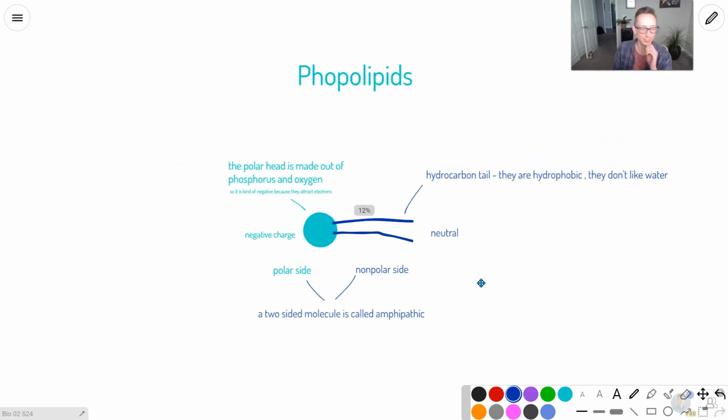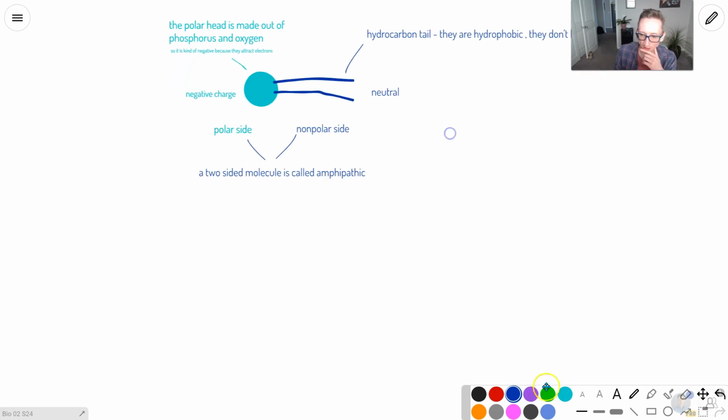So what this results in is if you put these in water, they'll arrange themselves in a very special way. So I'll just kind of draw this out quickly. Naturally, they will just spontaneously do this all on their own. Let me draw these out. We got our little phospholipid there. So you add these to water and they will spontaneously do this.